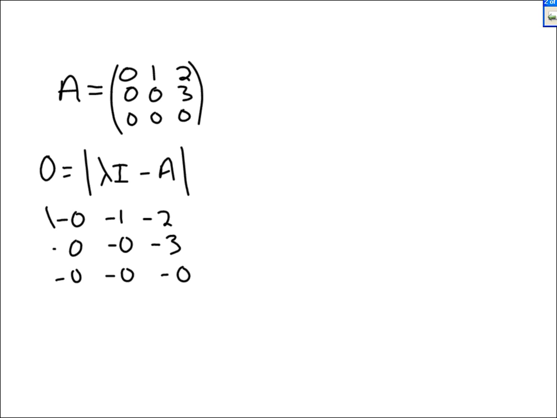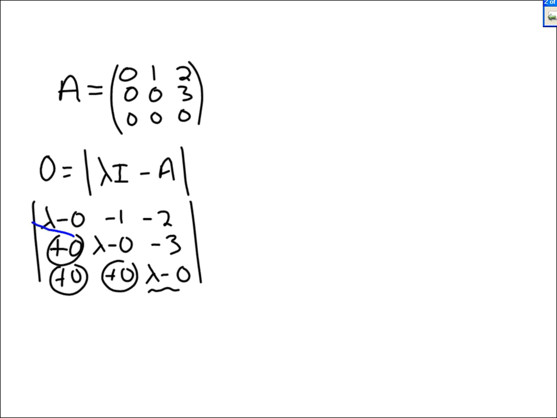And on the diagonals, you put lambda. It turns out that this negative 0 is just positive 0, so this is lambda minus 0. Now, this in front of us is a special matrix.